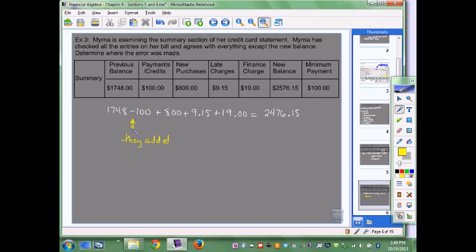Nope, that would have been 2676. Sorry, they didn't count the payment. So what they did is they did not give her credit for the payment.